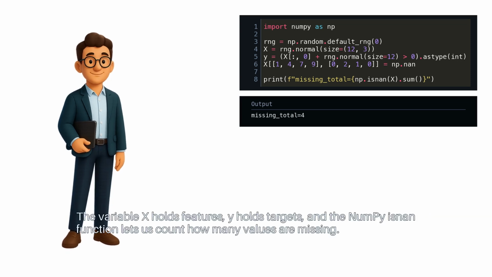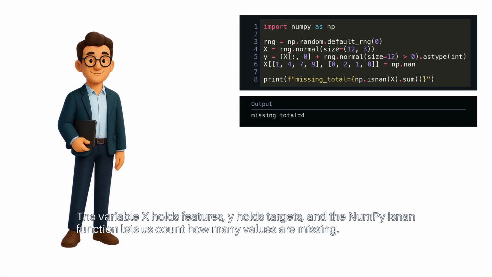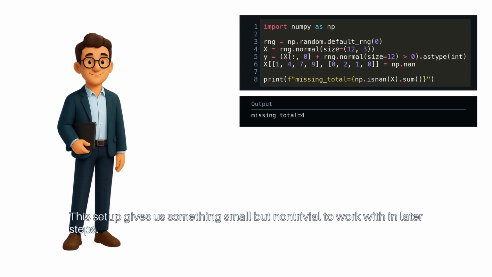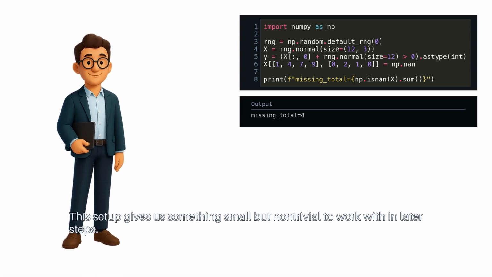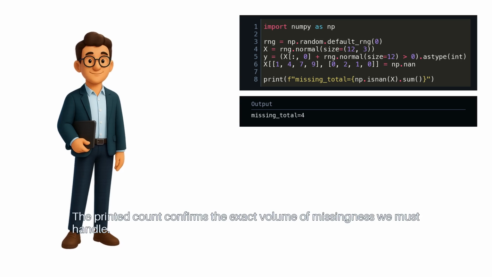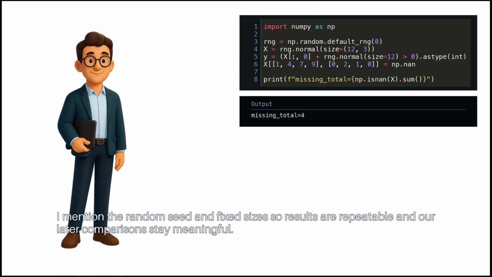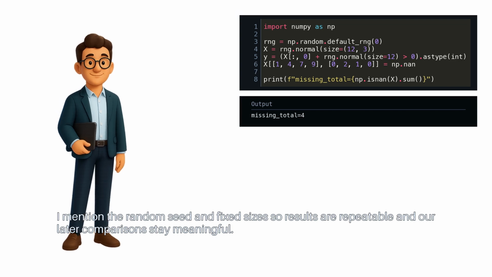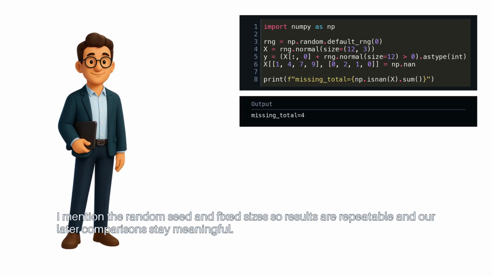The variable X holds features, Y holds targets, and the NumPy isnan function lets us count how many values are missing. This setup gives us something small but non-trivial to work with in later steps. The printed count confirms the exact volume of missingness we must handle. I set the random seed and fixed sizes, so results are repeatable and our later comparisons stay meaningful.